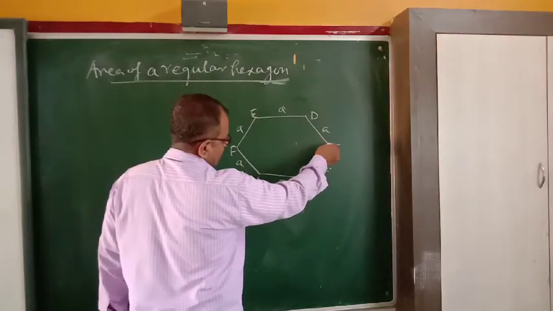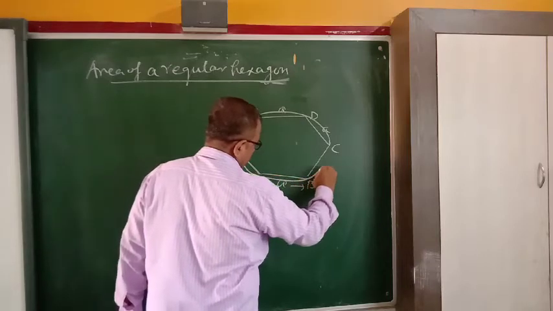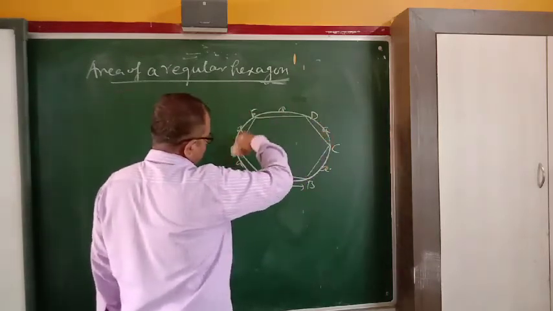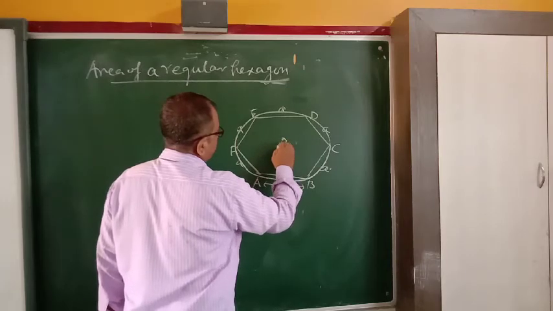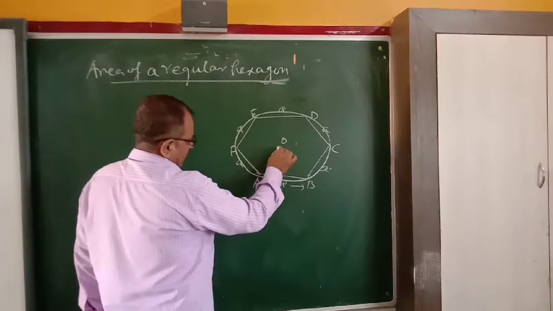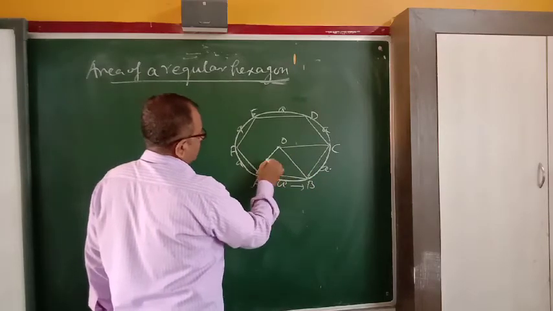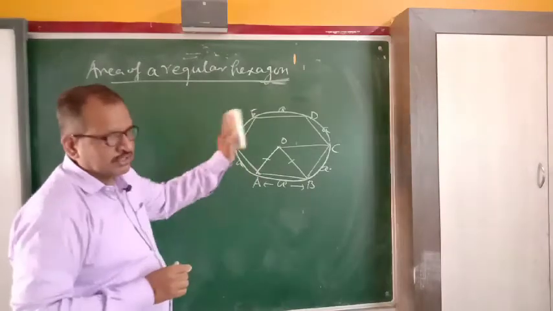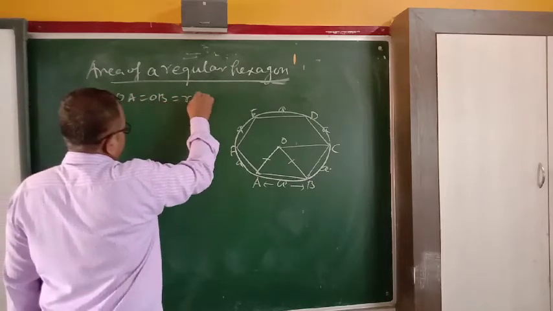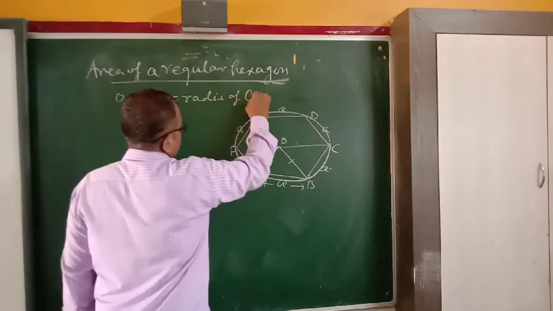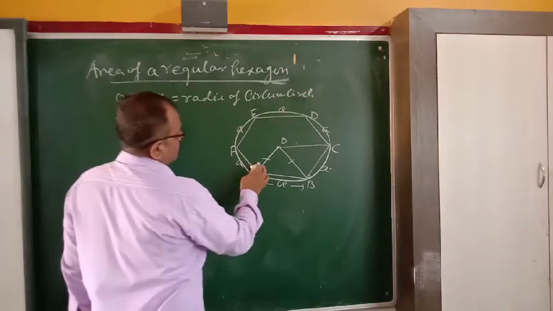If we draw a circumcircle of the regular hexagon, it will come like this, and suppose the center of the circumcircle is O. So join O to A, O to B, O to C. What will OA and OB be? They are radii of the circumcircle, so both will be equal.